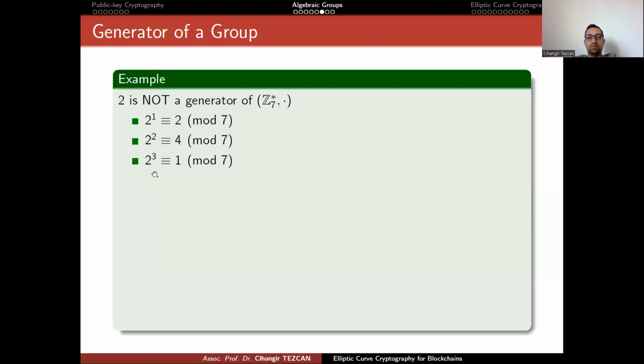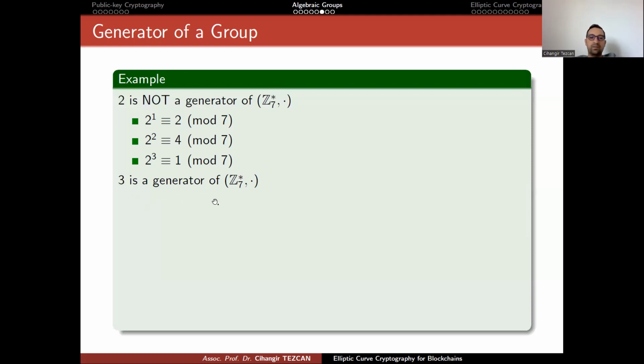The fourth power of 2 will be 2 again, because we are multiplying 2 with 1 modulo 7. So we started with 2, calculated almost every power of it and realized that it only generates 3 elements, but there are 6 elements in this set, right?